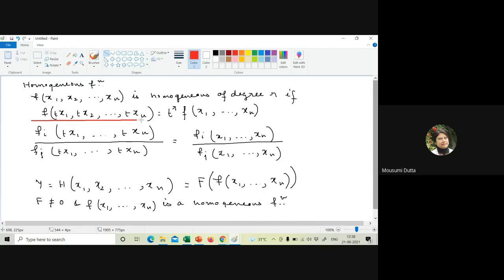This line in the board: f is homogeneous of degree r if f of (t x1, t x2, etc. up to t xn) is equal to t to the power r f of (x1, x2 to xn).